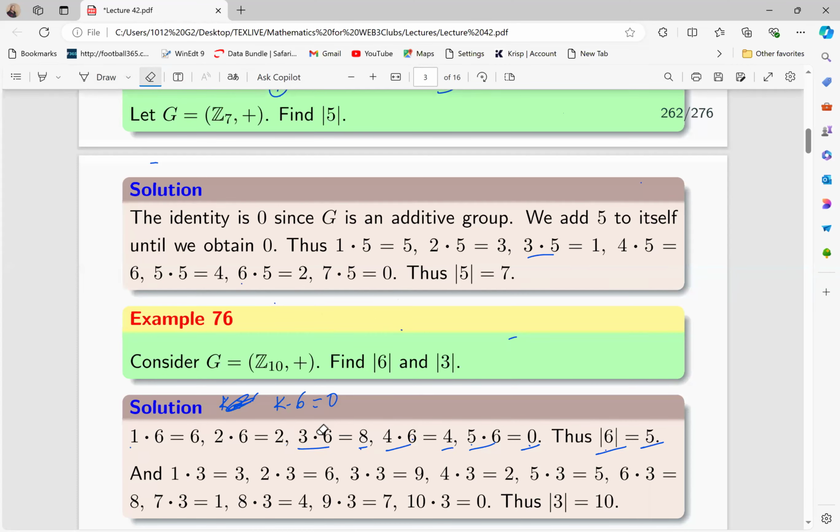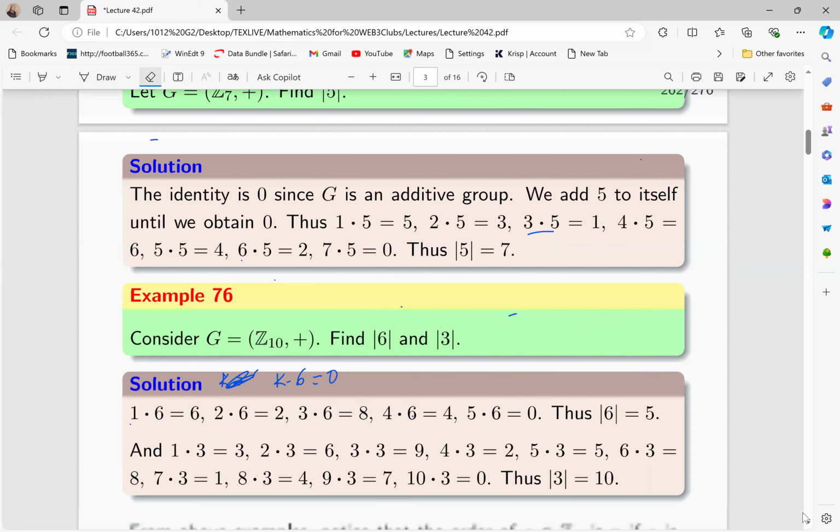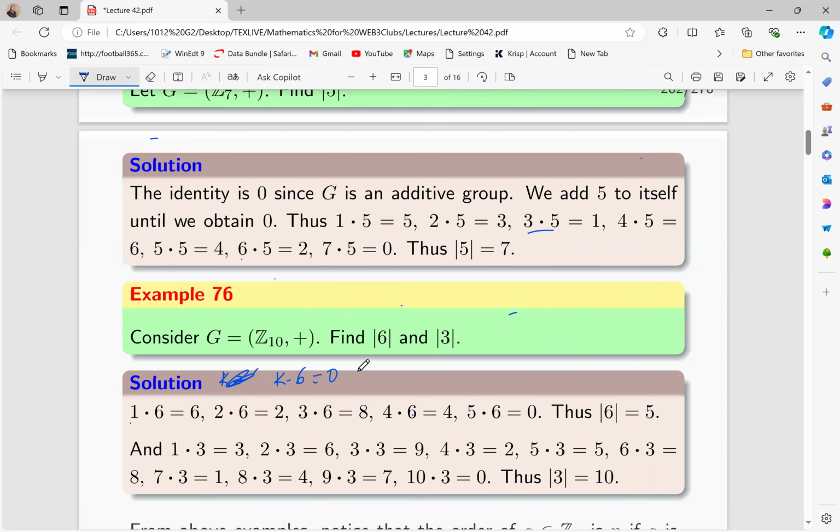Now we want to try another element, and that is 3. We want to find the order of 3. So again, we are looking for an element which, when multiplied by 3, gives us 0. So 1 times 3 is 3. 2 times 3 is 6. 3 times 3 is 9. 4 times 3 is 2. 5 times 3 is 5. 6 times 3 is 8. 7 times 3 is 1. 8 times 3 is 4. 9 times 3 is 7.